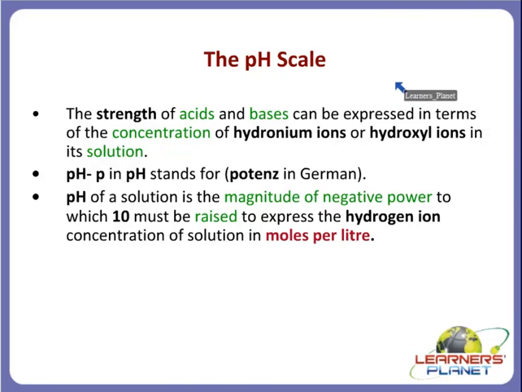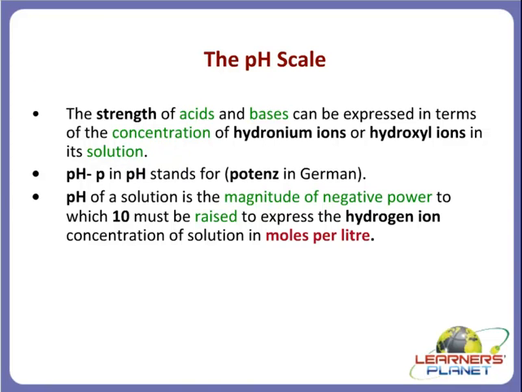Now we've got the pH scale. So what is this pH? The strength of acids and bases can be expressed in terms of the concentration of hydronium ions or hydroxyl ions in solution.